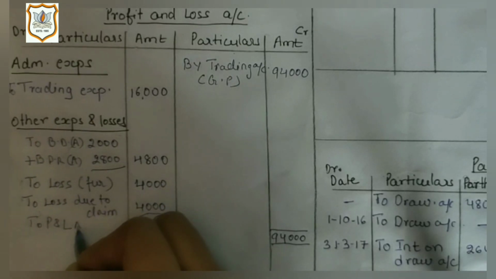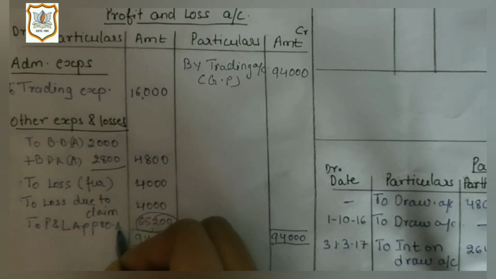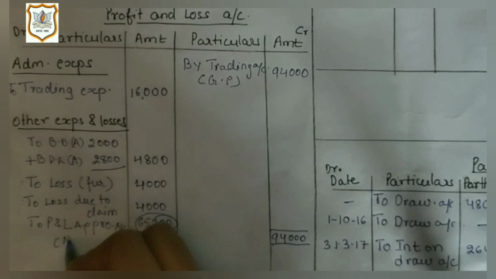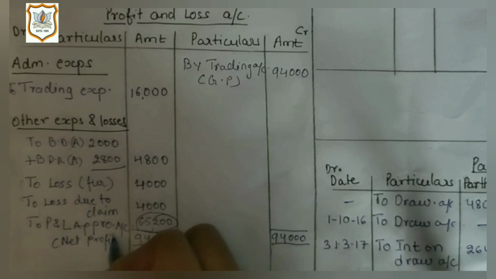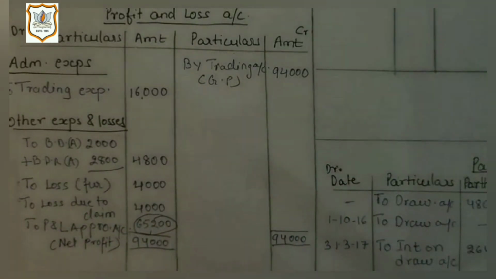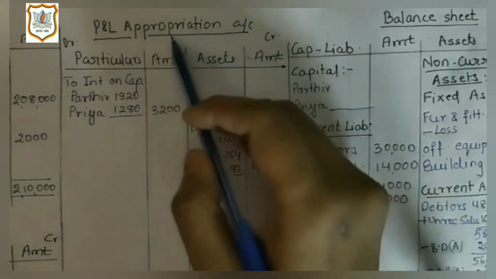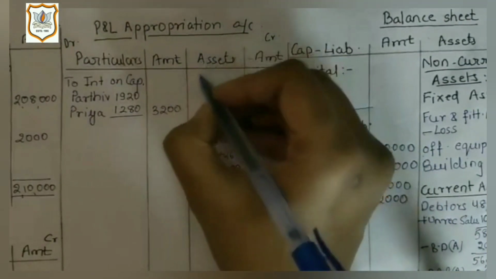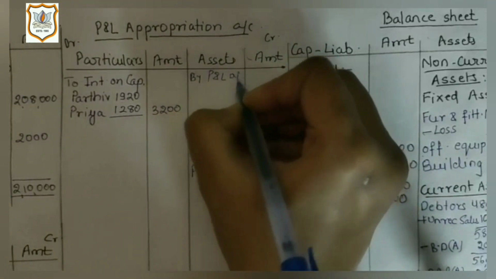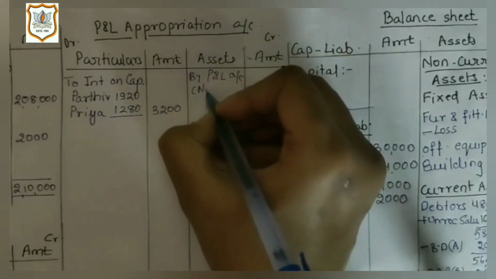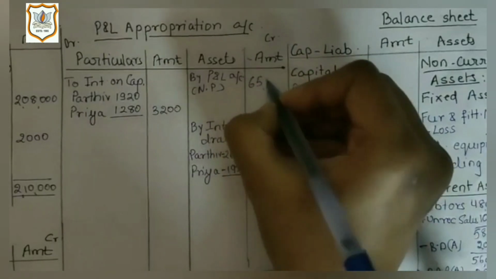P&L appropriation account, net profit. Now net profit we will write in credit side in profit and loss appropriation account by P&L account, NP 65,200.